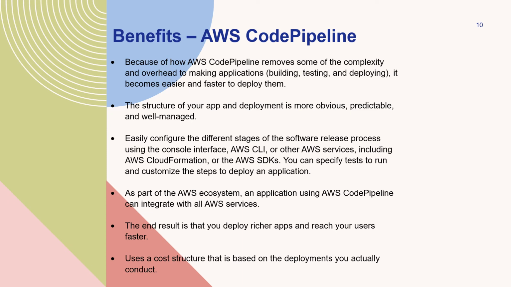AWS provides many tools that you can use to interact and configure with your CodePipeline. As part of the Amazon Web Services ecosystem, an application using Amazon Web Services CodePipeline can integrate with many other Amazon Web Services.